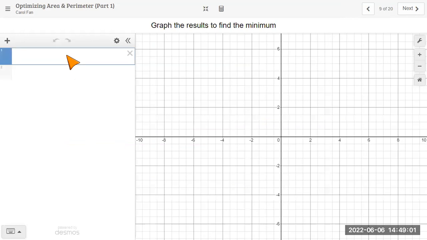Okay, so perimeter is equal to 72 over W plus 2W.